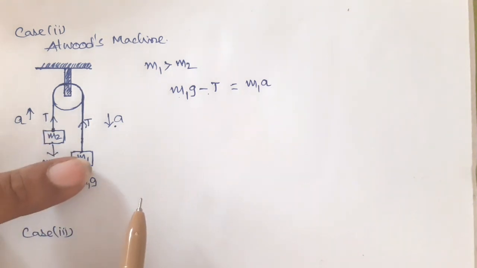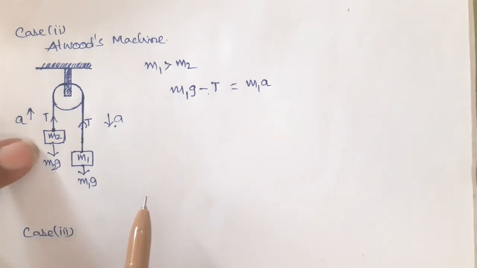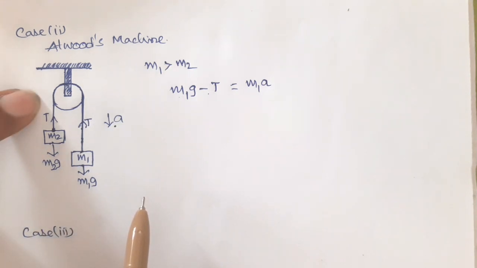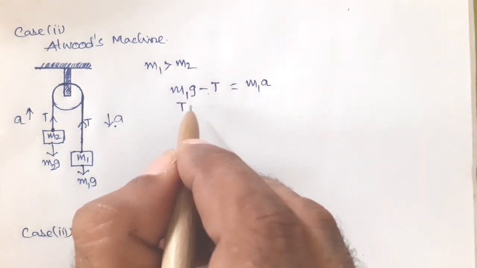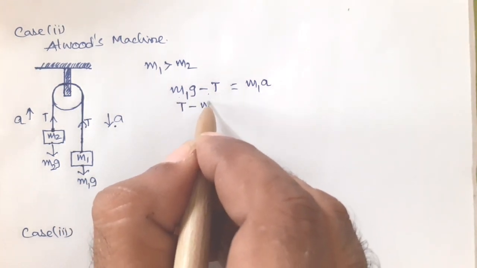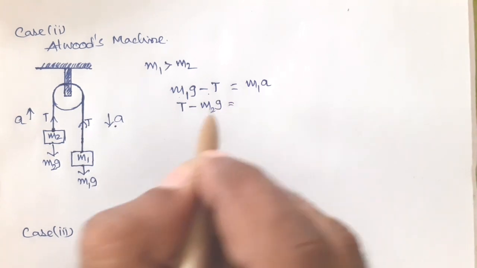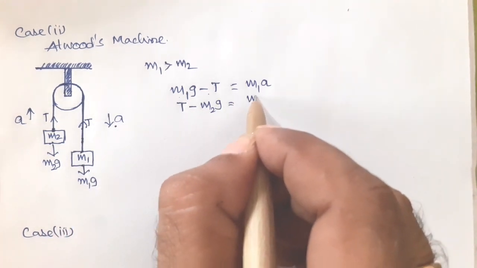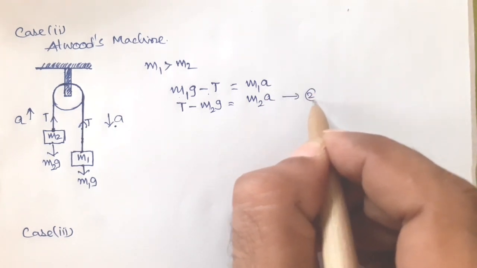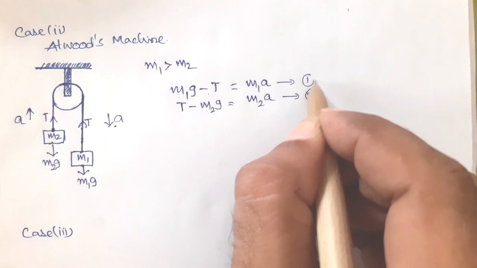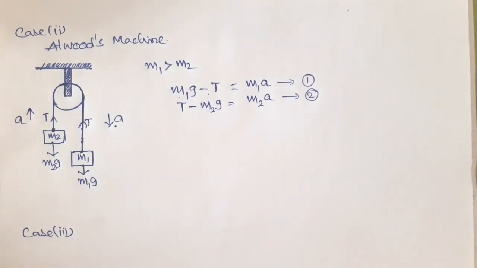When it moves in the upward direction, tension is greater than the weight M2g, and this is again equal to M2a. This is equation 2, and this is equation 1. By solving these two equations, we can calculate the acceleration as well as the tension.